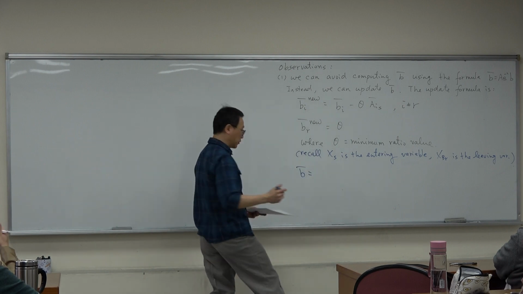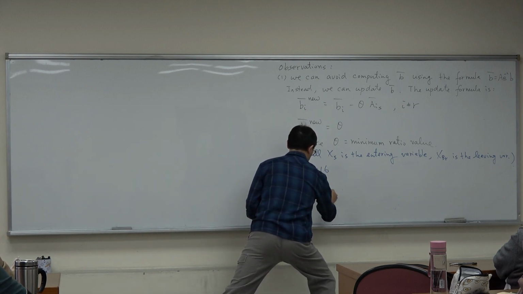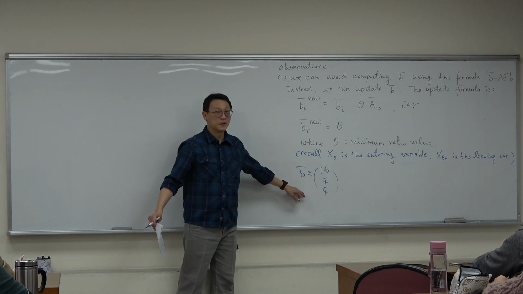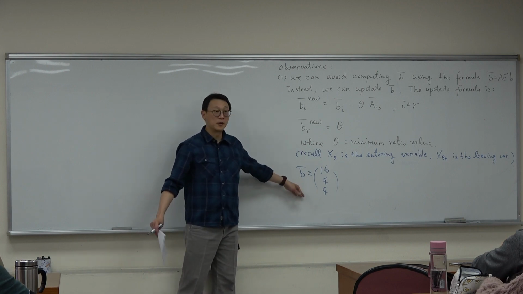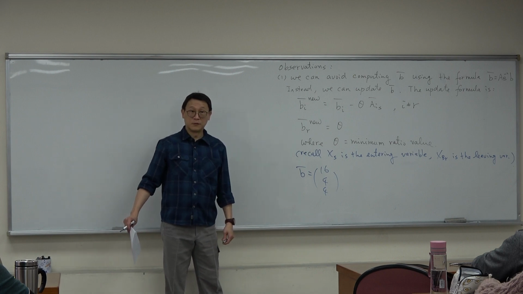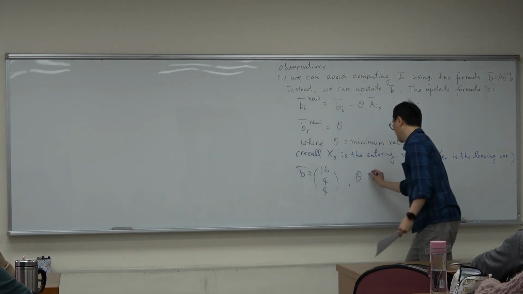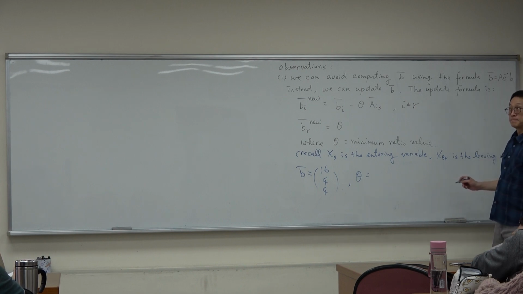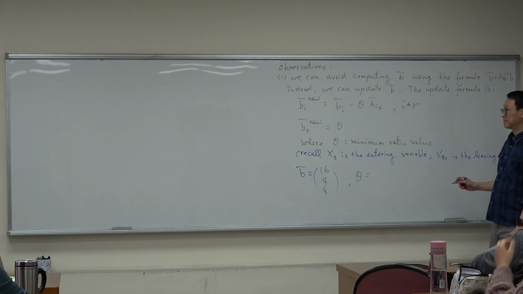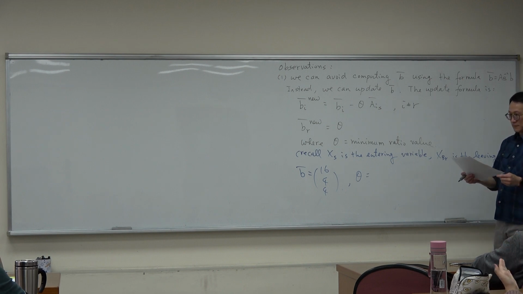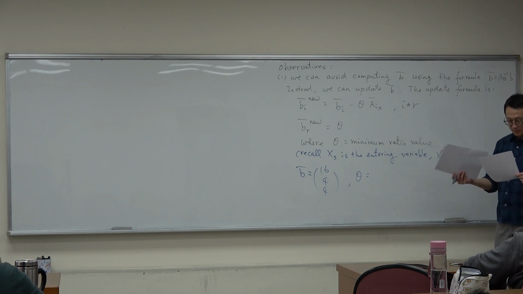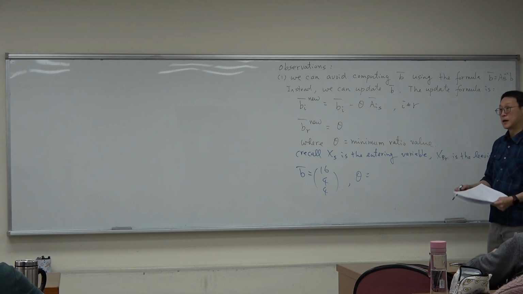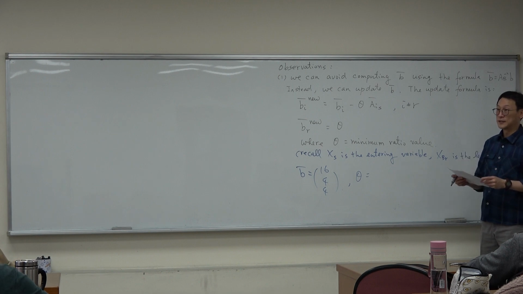Suppose in the first iteration we have the B bar is 6. Remember that? In the first iteration, the B bar is, okay, and the theta, the minimum ratio value, is 8.